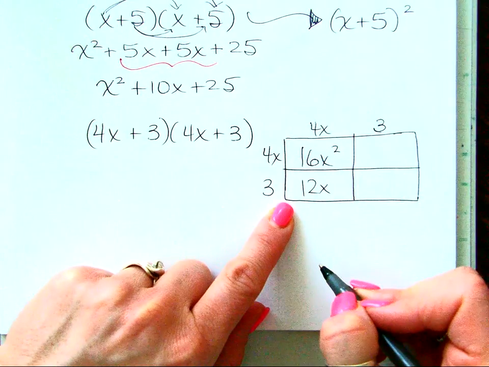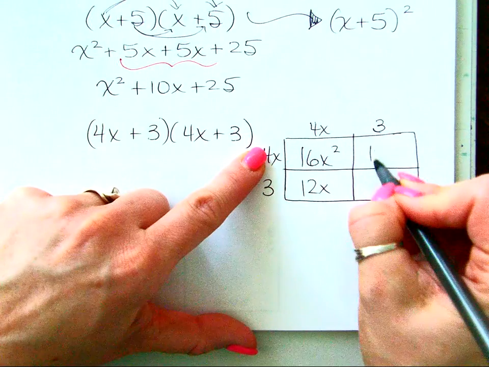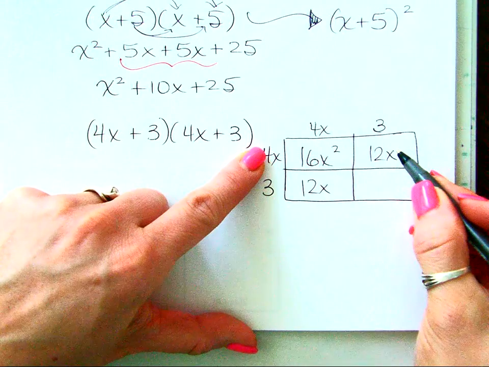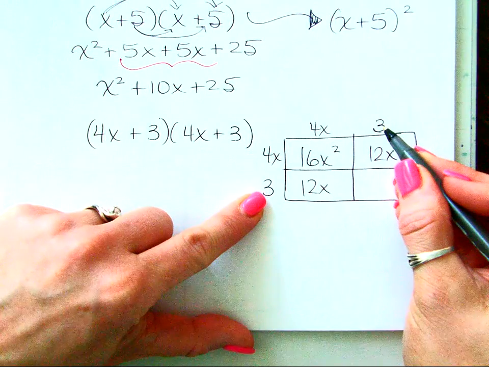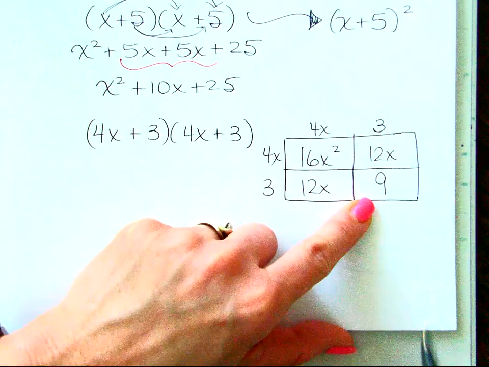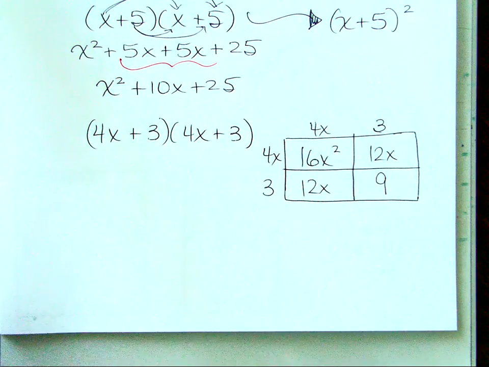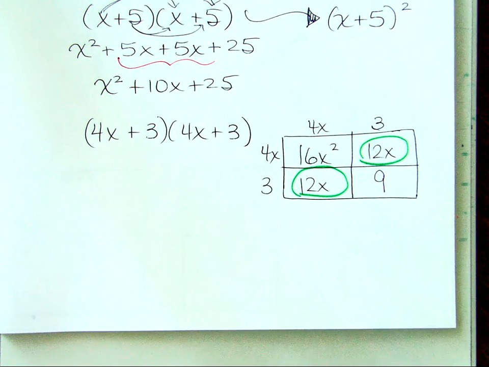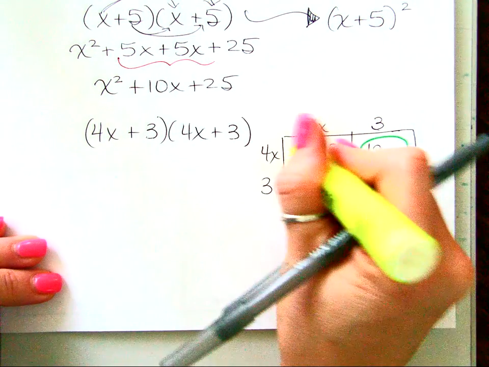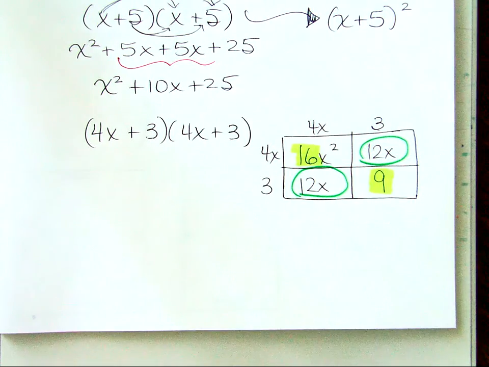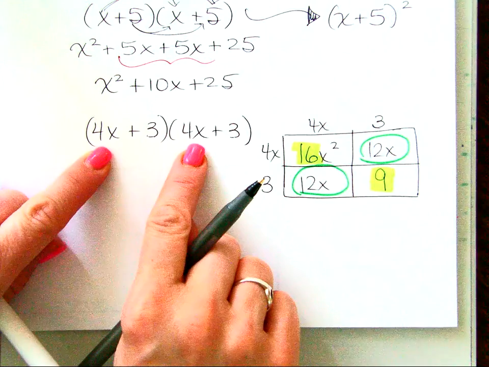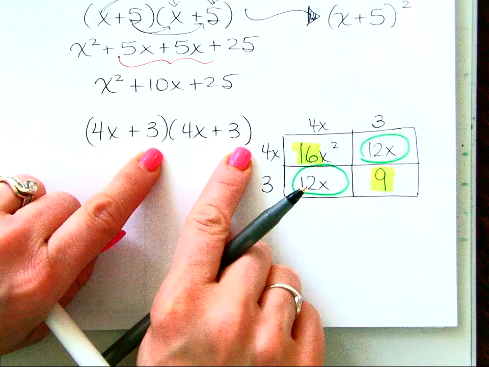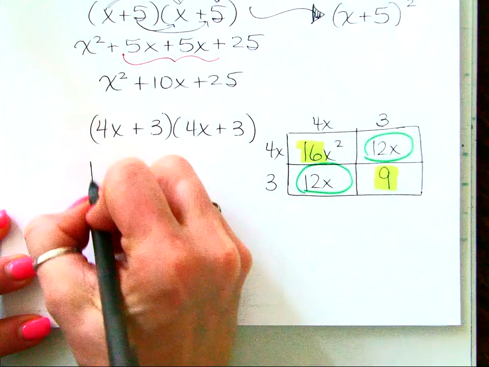Here's another one of your 12x's. And then 3 times 3. There's that square number again. Okay? And both of those are on that magic number list, right? Well, no duh, they are, because I got them by multiplying a 4 times a 4 and a 3 times a 3. So then my final answer is 16x squared.